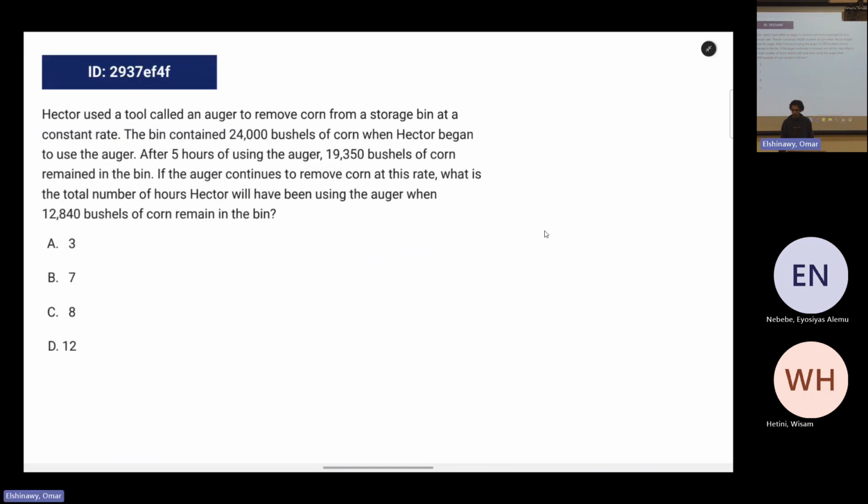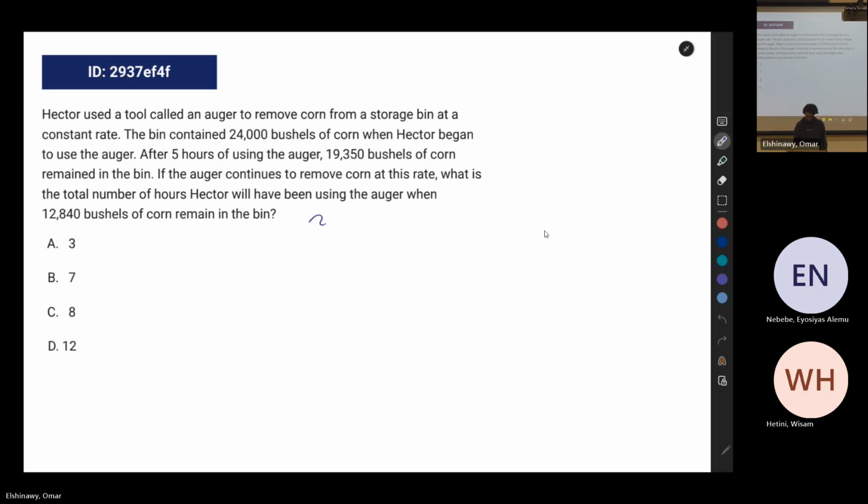It talks about a guy named Hector. So the bin has 24,000 something bushels of corn. That's how much the bin has. After 5 hours, the bushels are now 19,350.